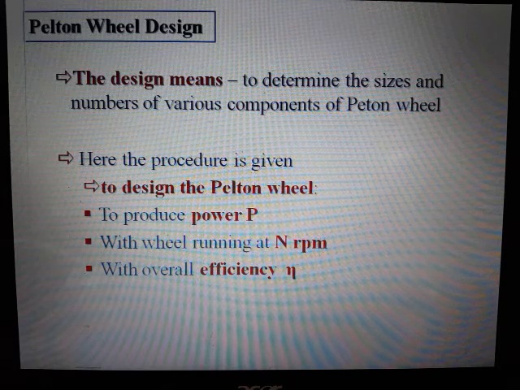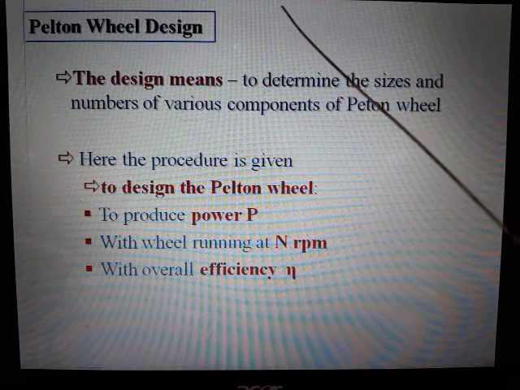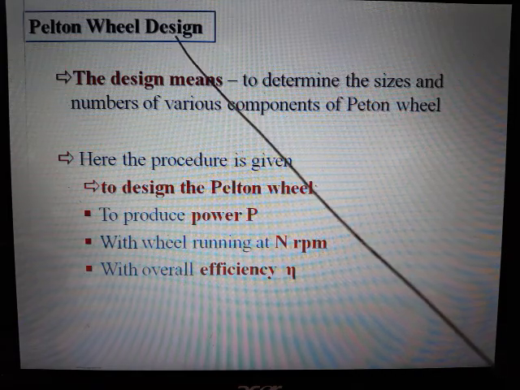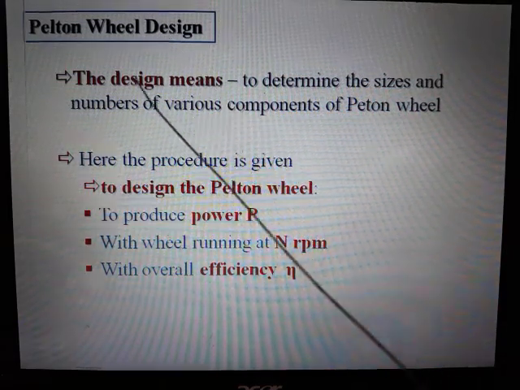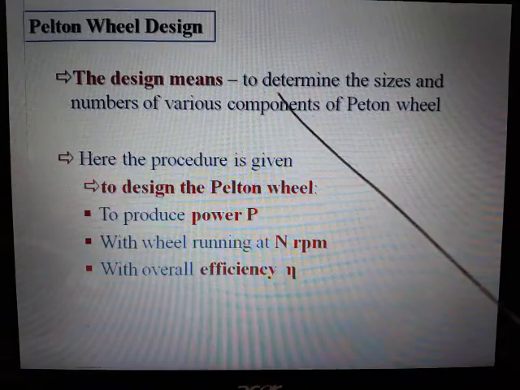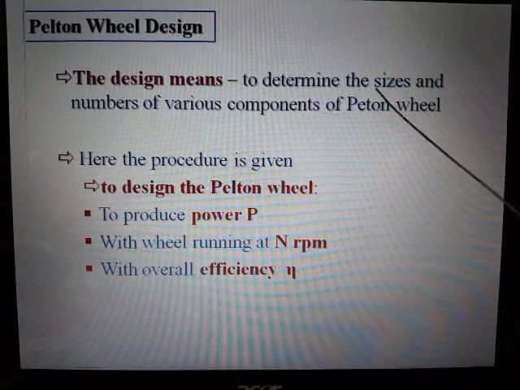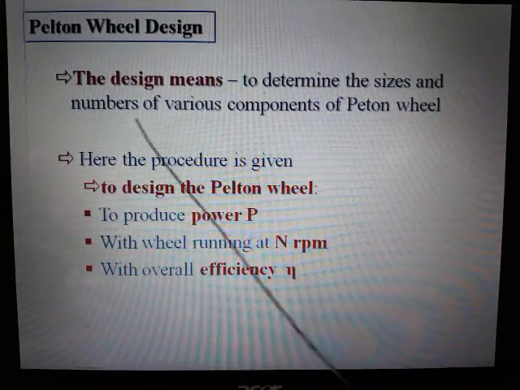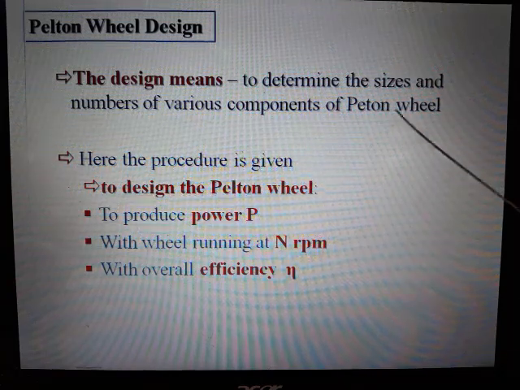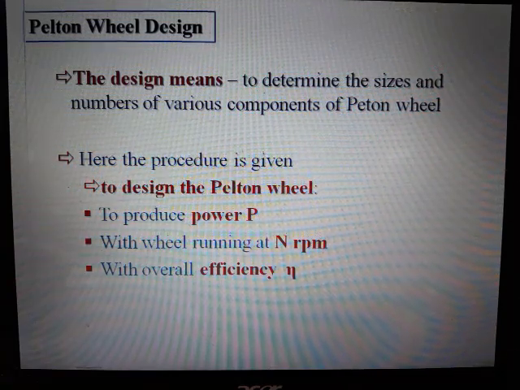So in working proportions, what it mainly deals with is the design of a wheel. Now the design means to determine sizes and numbers of various components of the Pelton wheel.